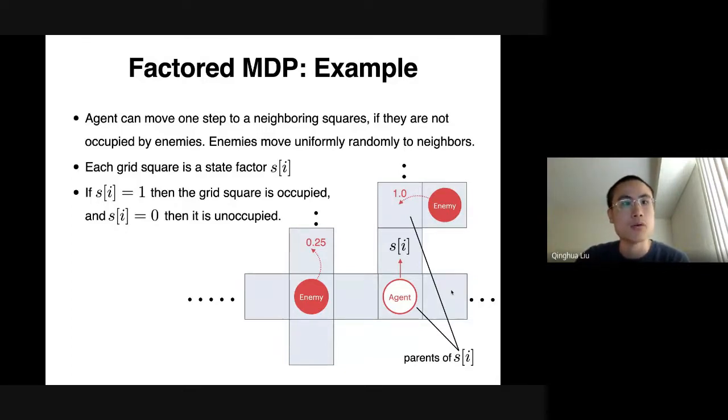In this example, kappa, the number of parents, is equal to 4, because the value of each square is only determined by its neighboring factors. But the ambient dimension D is equal to the total number of squares, which can be much larger than 4. So in this case, the sample complexity of learning the factored MDP would be 2^4 times polynomial in D instead of 2^D.